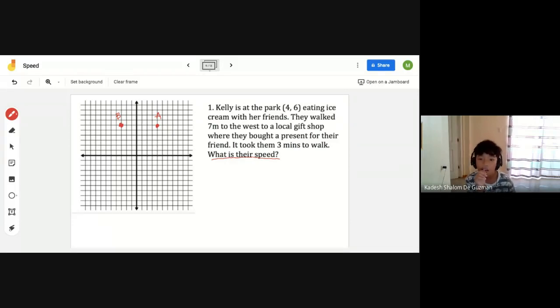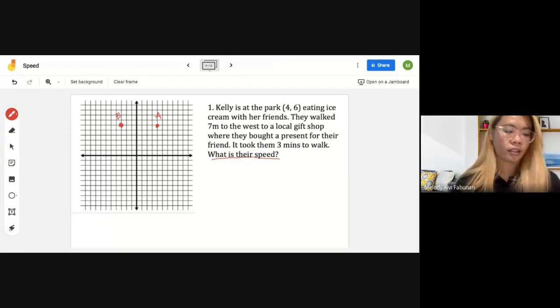Okay, let's try to answer less than 1 minute. Finalize your answers. And when I tell you to type your answers on the chat box, paki-type ha immediately para ma-check natin kung sino yung tamang sagot. I will be closing the chat box. So yung mga late magsisend, hindi makakapag send ng kanilang sagot.